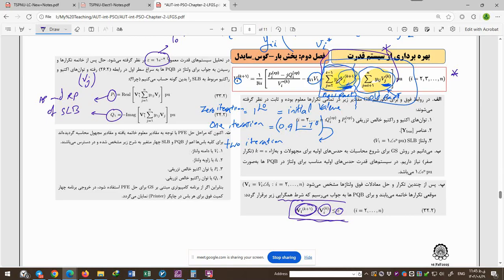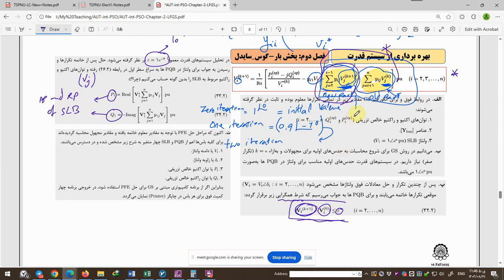In this equation we have two parts: a new part for the updated value, and another part with the old value. When you calculate new parameters in the last iteration, you should substitute them in this part.